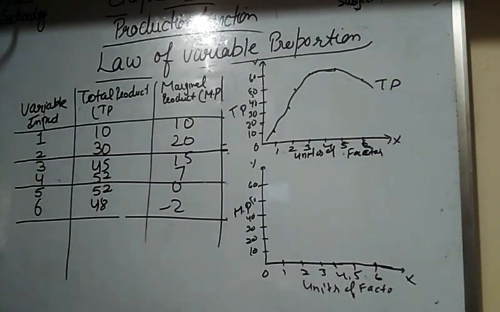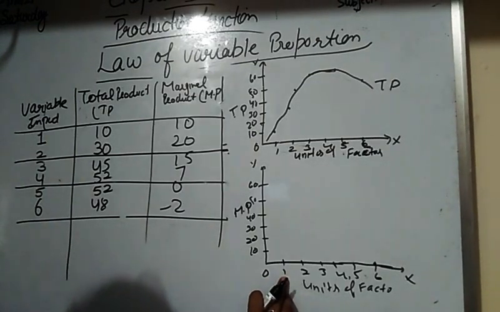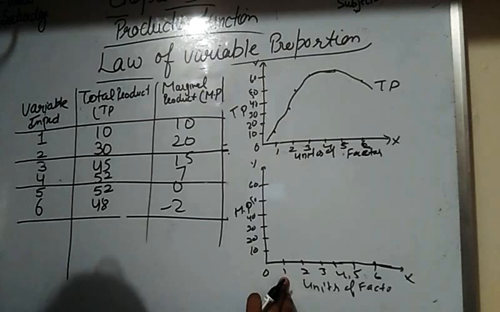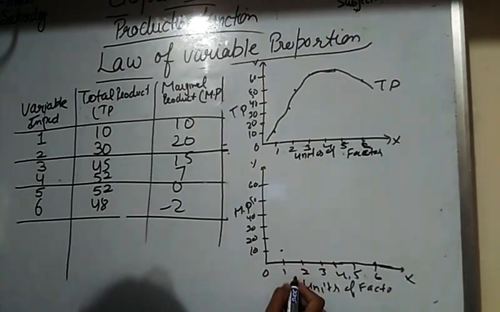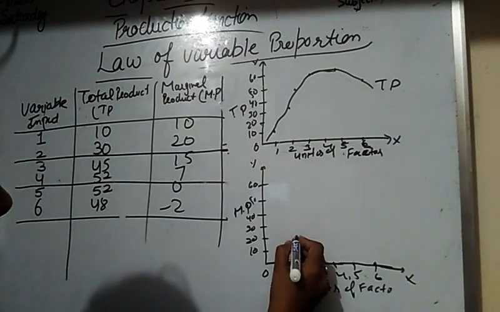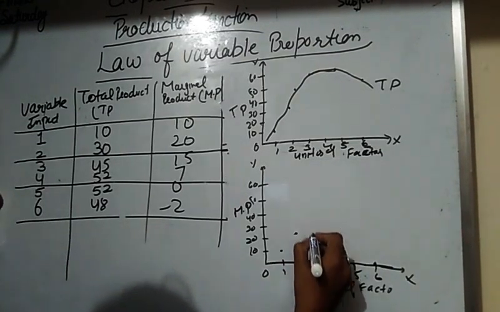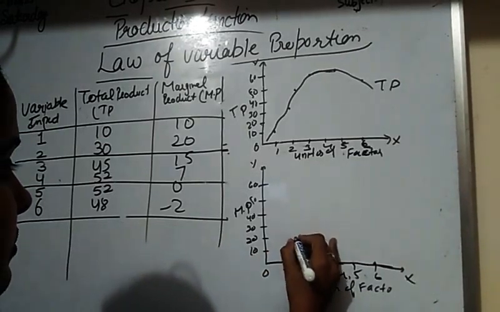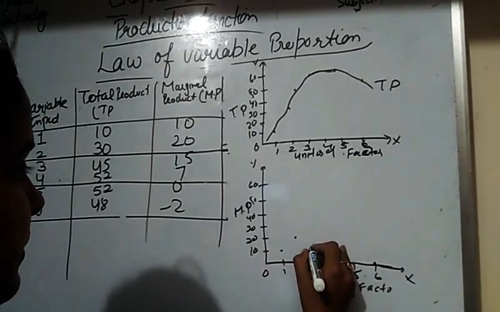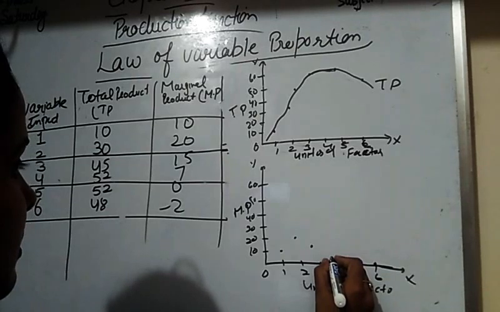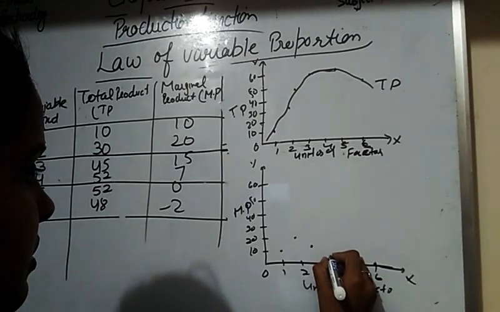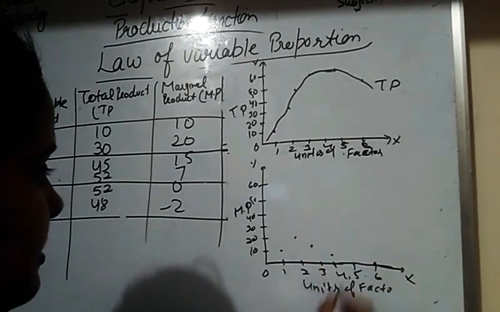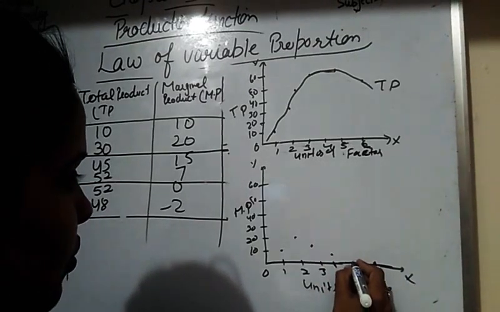Now come to the marginal product. When the variable factor is 1, marginal production is 10. When it is 2, marginal production is 20. Then after it is 15, it comes down. Then 7. Then 0.